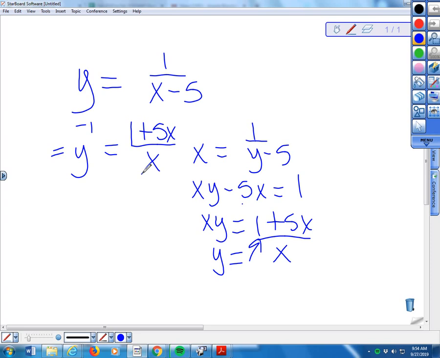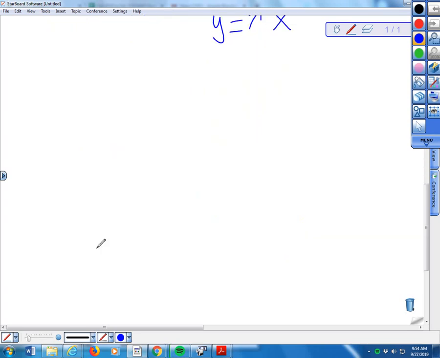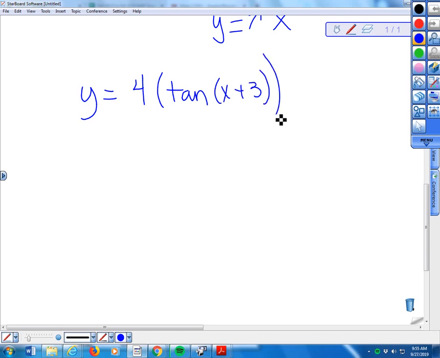Okay, so the same is true when we're finding the inverse of trig functions. If I want to find the inverse, swap x and y. And now I've got to solve for y. So first step here, to get y by itself. Divide by 4.